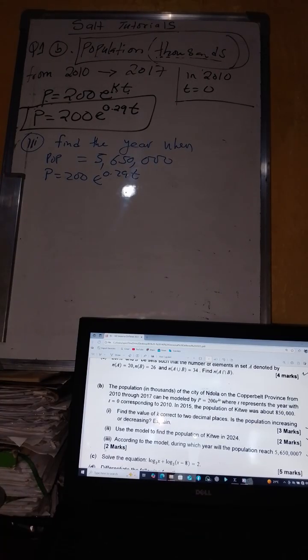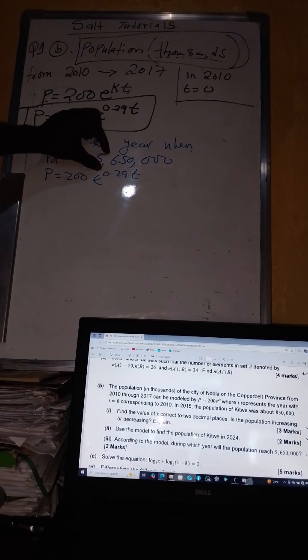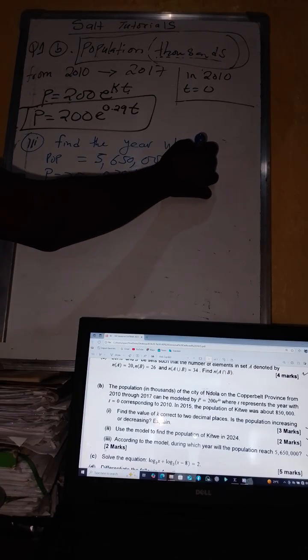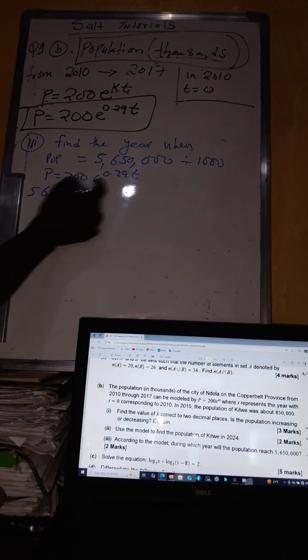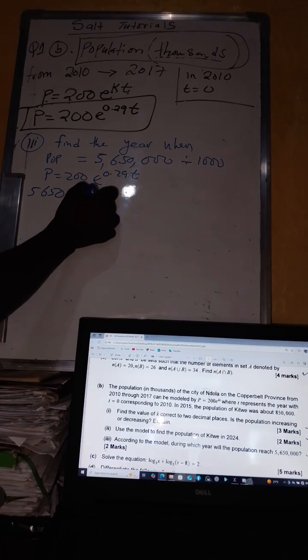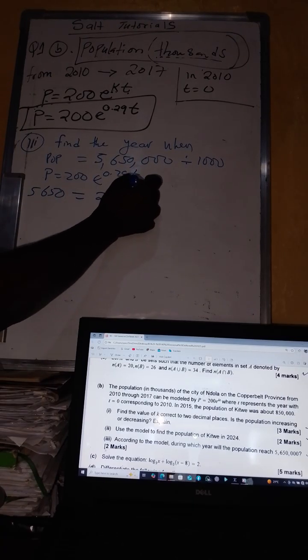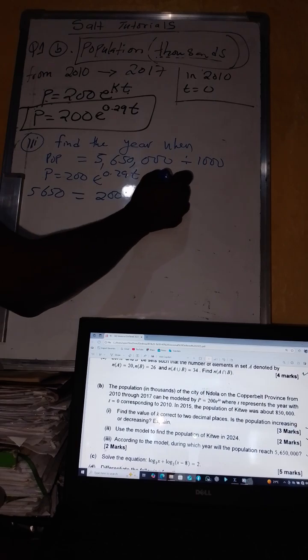So replacing, what is our P? This is our population. But for this population to enter the model, we divide it by 1,000. So dividing this by 1,000, we're going to have 5,650 equal to 200 e power 0.29t.